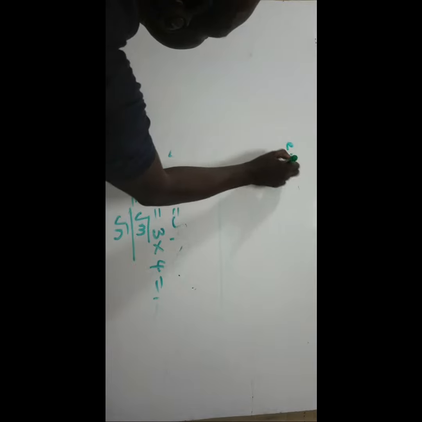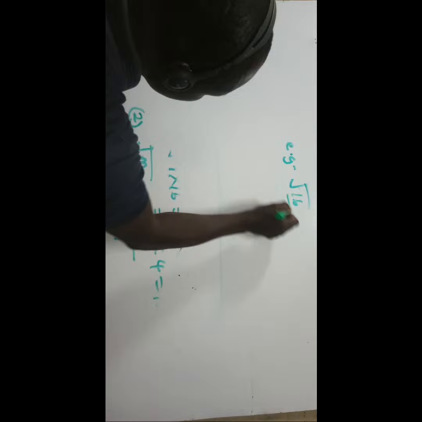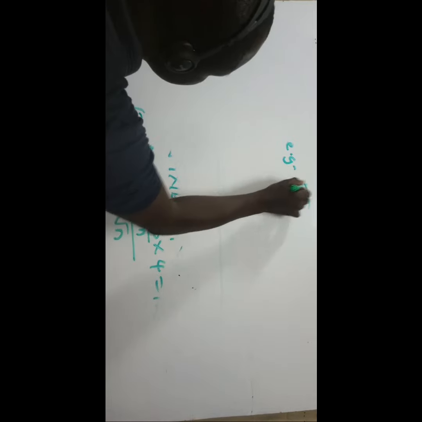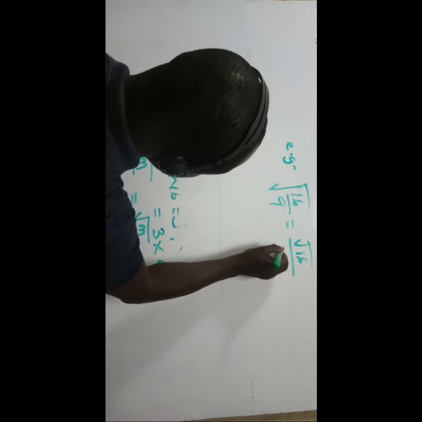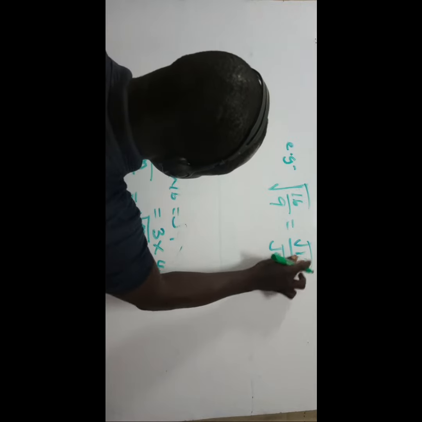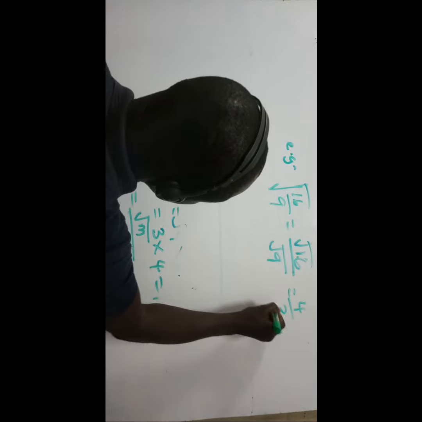When we have the square root of 16 over 9, you can split this to square root of 16 divided by square root of 9. The square root of 16 is 4, all over 3, and that is what we get.